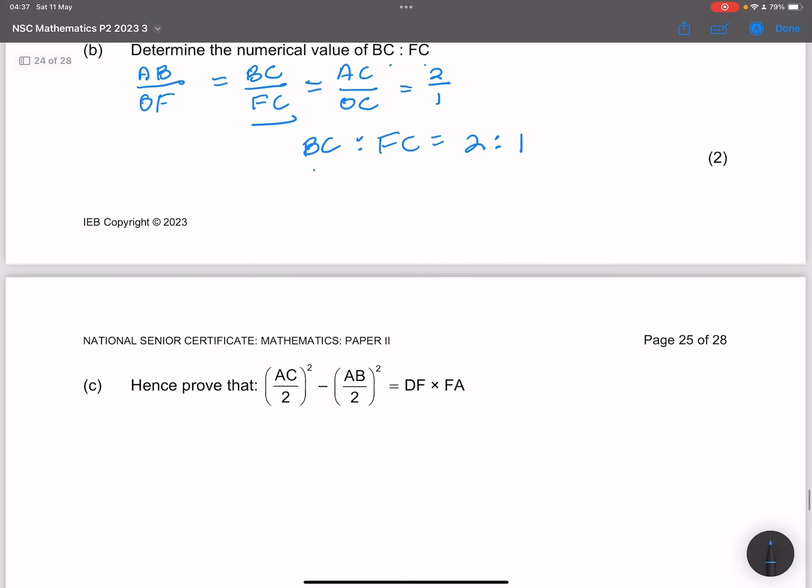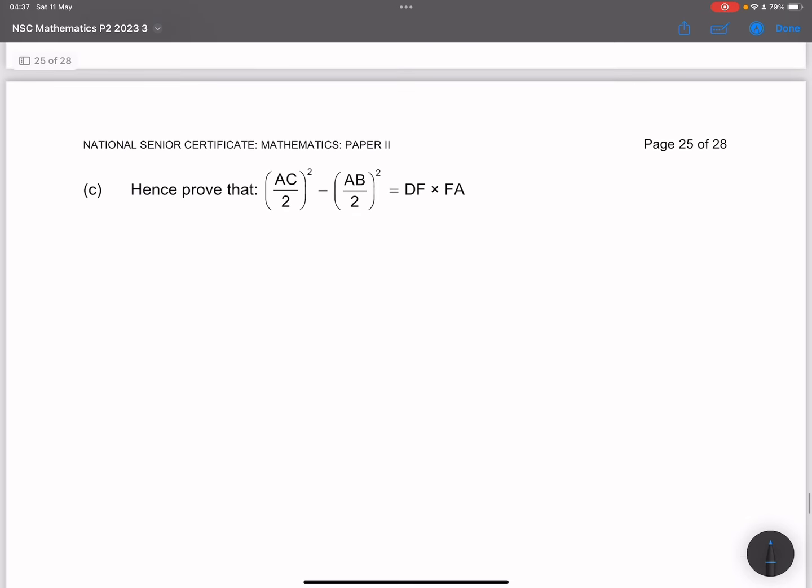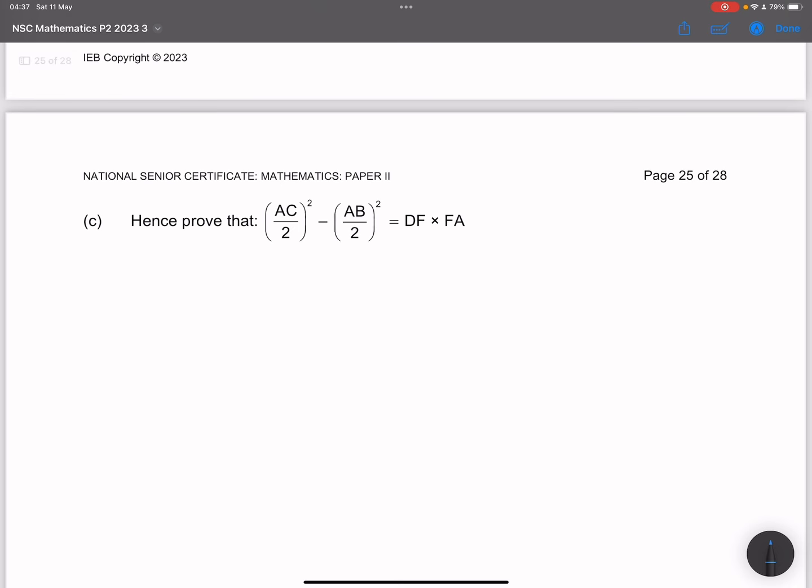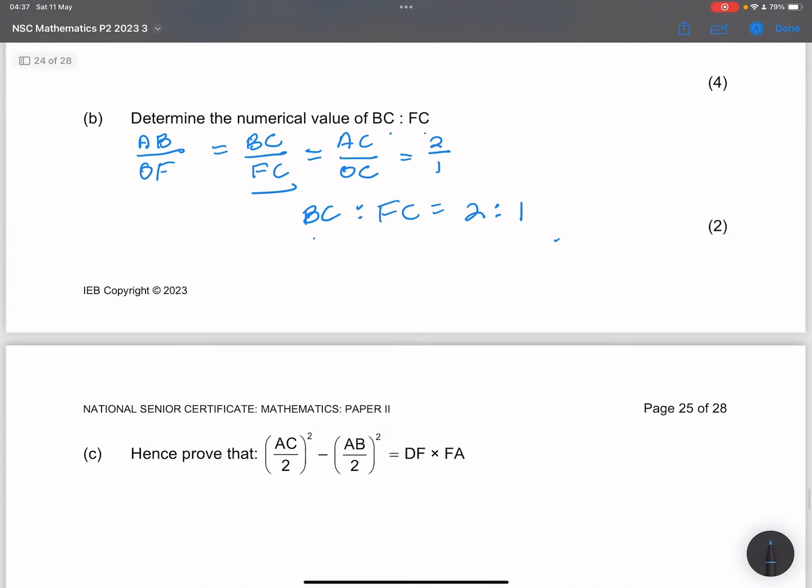Right, now on the next one, they say, hence prove that (AC over 2) squared minus (AB over 2) squared is equal to DF multiplied by FA. Now, usually when we get these, ladies and gents, I think it would be related to what we proved just now.